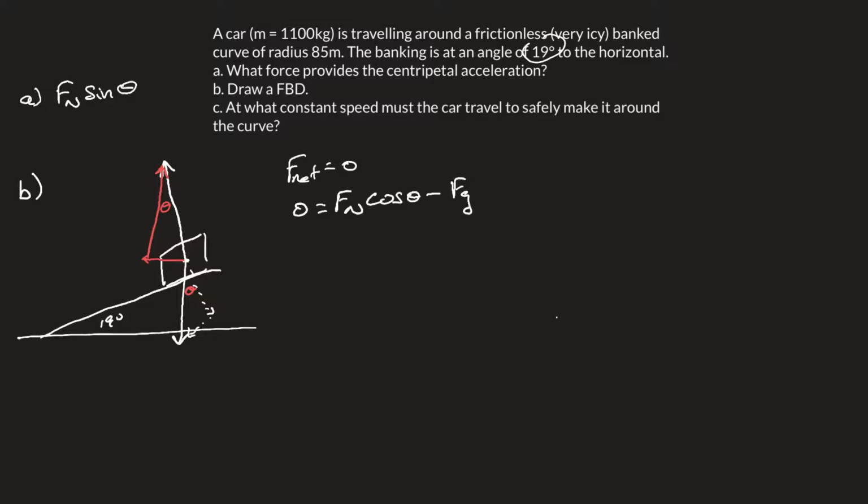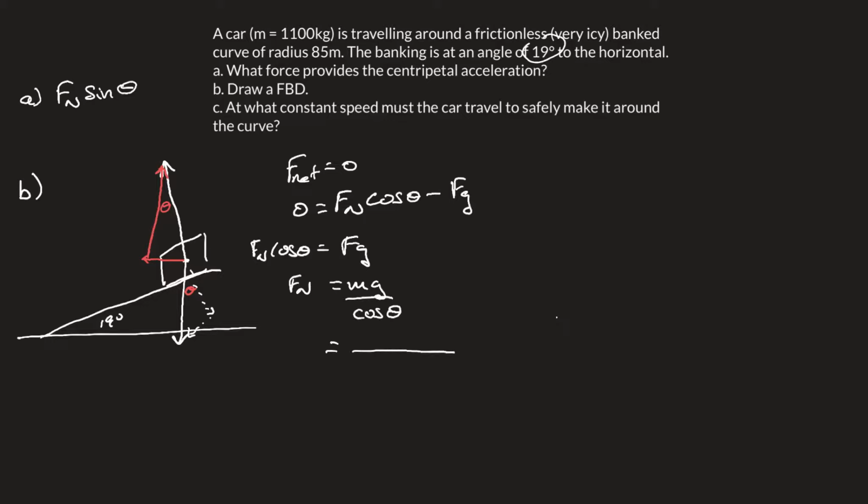This then can tell us that Fn cos theta is equal to Fg, which now allows us to solve a little bit more because we know what Fg equals. So we know that Fg equals mg, and then we can rearrange to solve that Fn equals mg over cos theta.